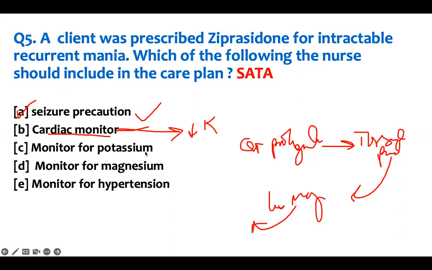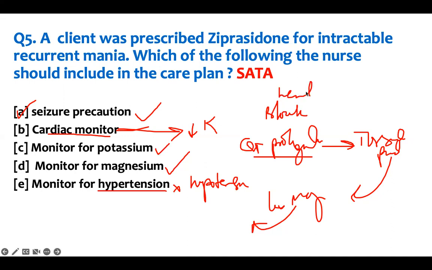So, monitor for potassium, yes, because it lowers your potassium. Monitor for your magnesium, yes, because it causes QT prolongation. Monitor for hypertension, no, it causes hypotension. Why? When you're having QT prolongation, everything becomes bradycardia. This will lead to heart block. Okay, when you have QT prolongation, heart block.